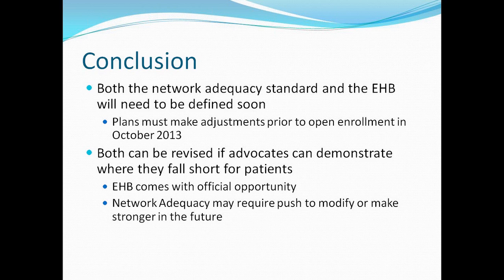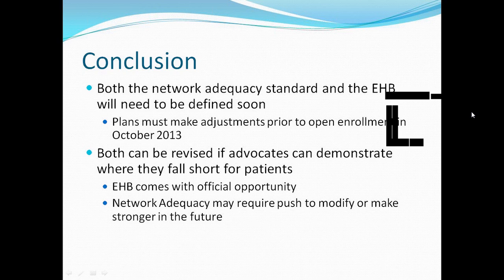So do you want to open it up for questions? Sure. I did get one request for clarification, and this is probably more specific to the people in the hemophilia community.